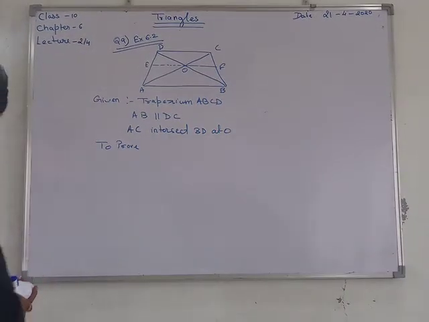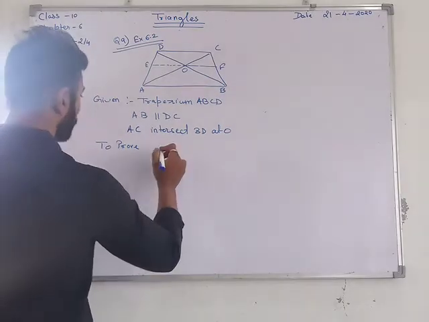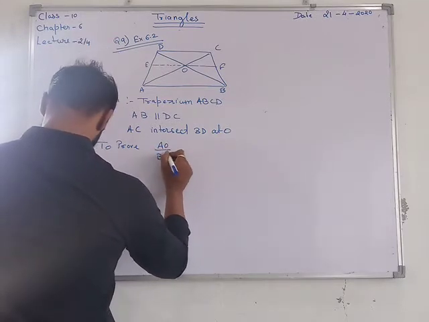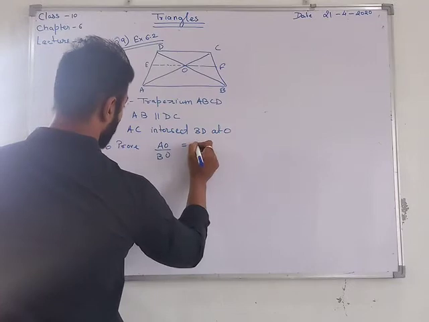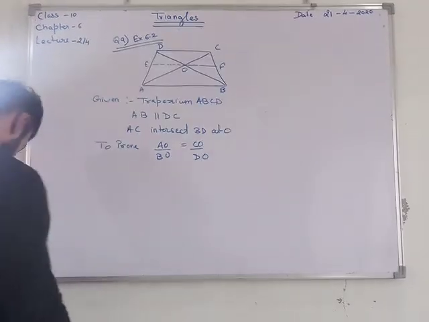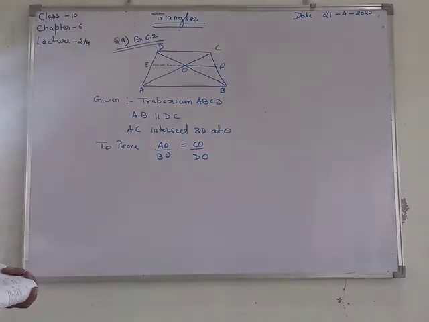We have to prove that AO by BO is equal to CO by DO.